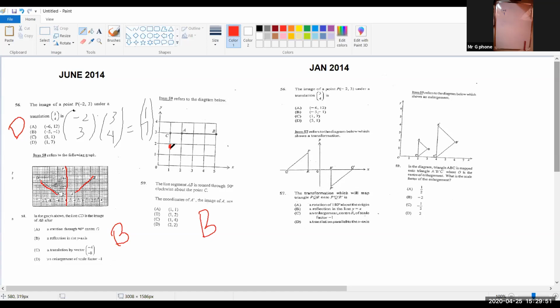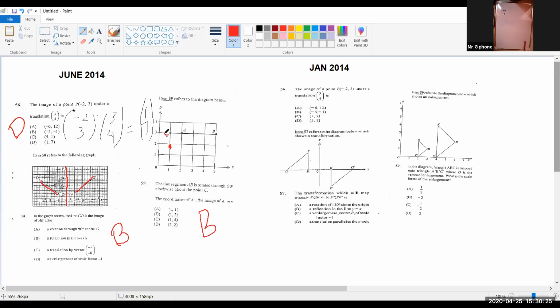Well, a 90 degrees line would be perpendicular to that line from C. So if you connect the line from C to (1, 3), that's where C is, right? And you just rotate the line 90 degrees, and it will give you the perpendicular. Remember, if it's 90 degrees, the line is supposed to connect as a perpendicular. So you draw the line down from C and you'll see where A will end up.